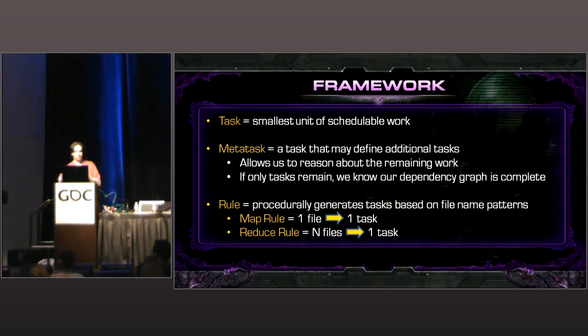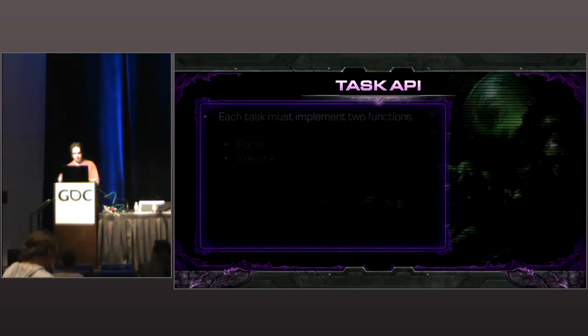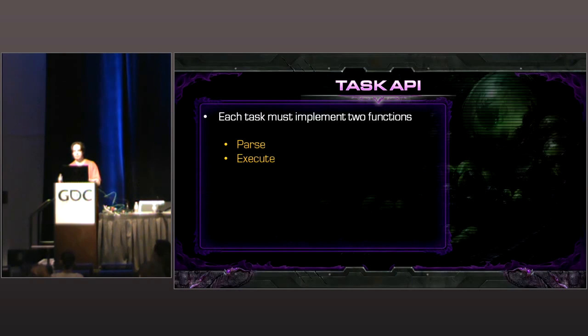However, reduce rules are only evaluated when the final metatask completes. Implementing a new task is really simple. Two functions are needed. The first one describes the work to be done, and the second actually performs it.